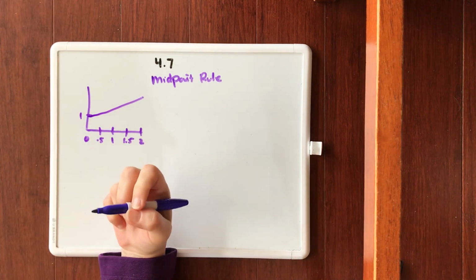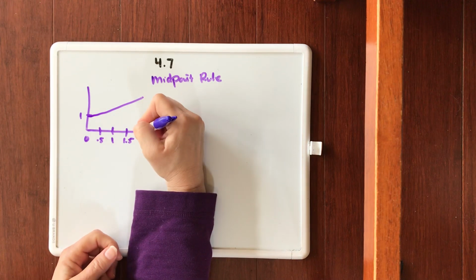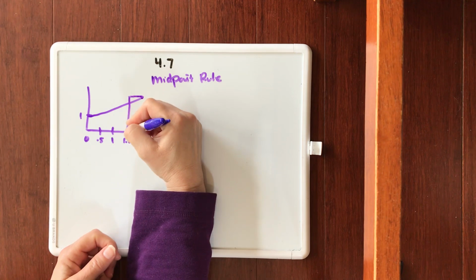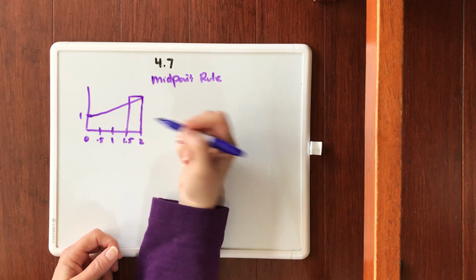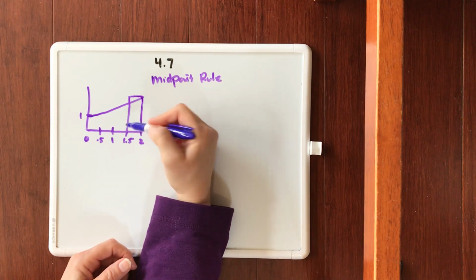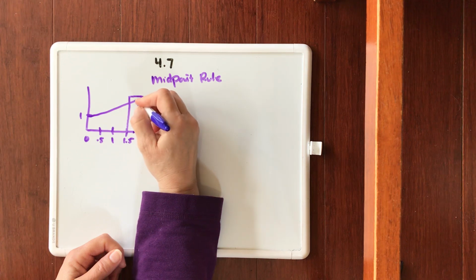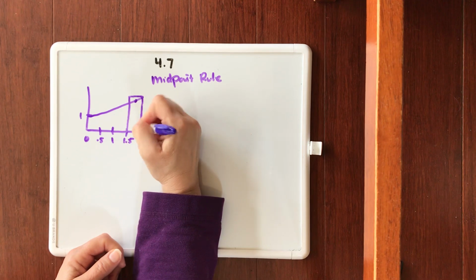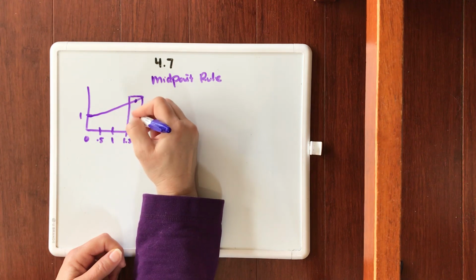Midpoint rule sounds just about what you're thinking. We're going to take this rectangle out here, and instead of calculating all of this area, we would take this point right here, which is in between those 2 points, and we'll figure out the width times that height. So the width here is 0.5 times that height.